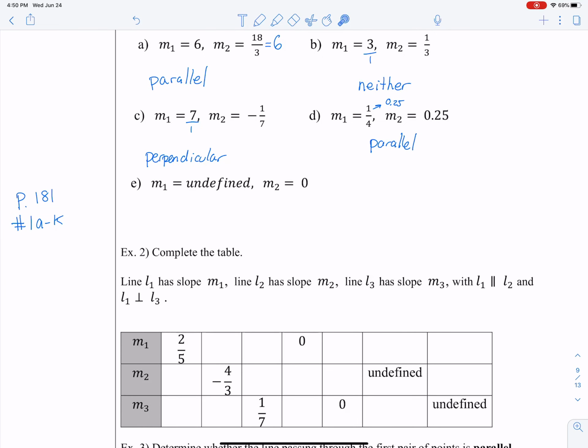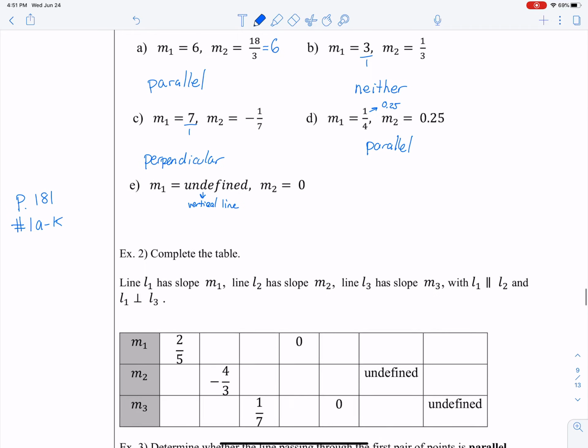Next, we have m1 is undefined and m2 is 0. So this one's a little bit tricky. You have to remember that m1 undefined is a vertical line. You have to remember that from our lesson when we talked about horizontal and vertical lines. And a slope of 0 is a horizontal line.